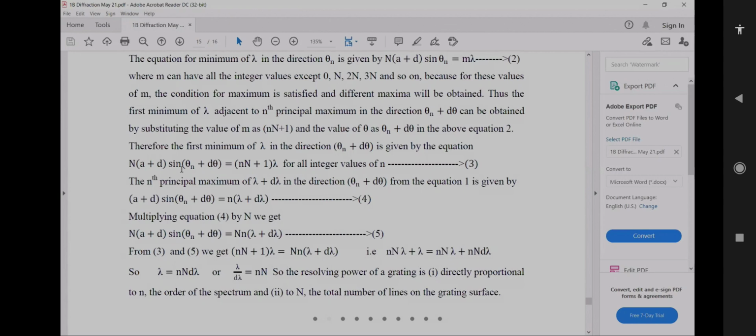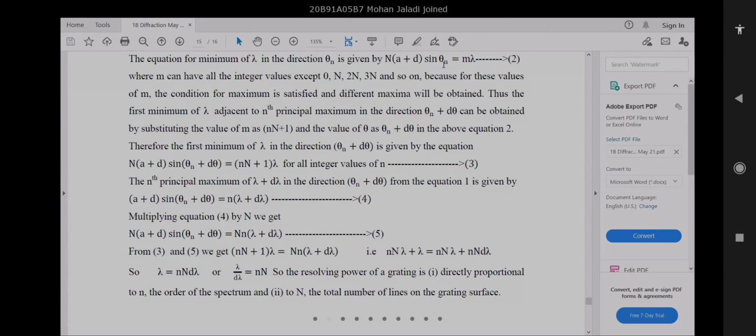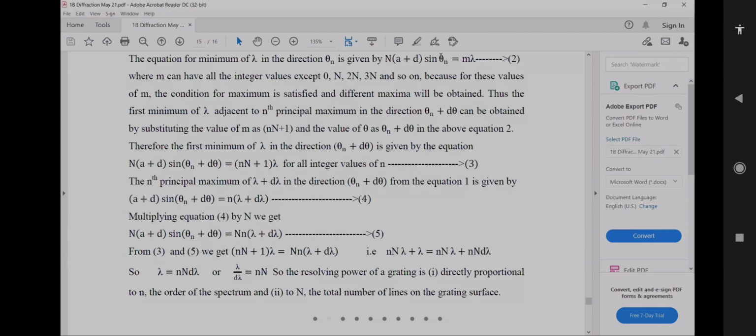So therefore the first minimum of lambda in the direction theta n plus d theta is given by the equation, N into a plus d sin theta n plus d theta. Okay, here, instead of theta n, what are we writing? Theta n plus d theta is equal to, where here instead of m, nN plus 1 lambda, which is not equal to m here.